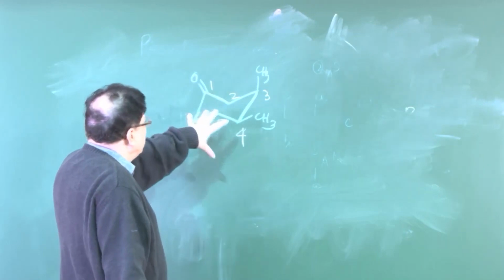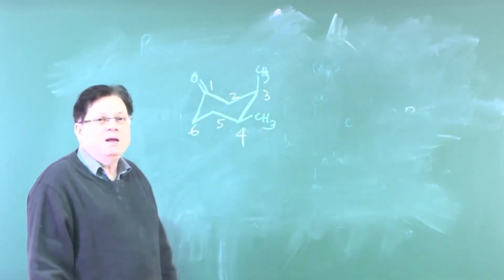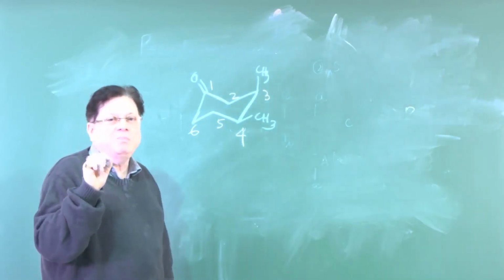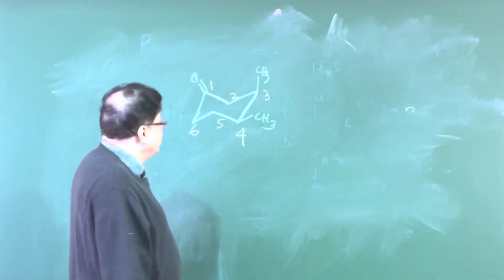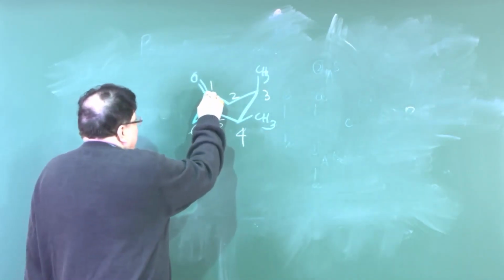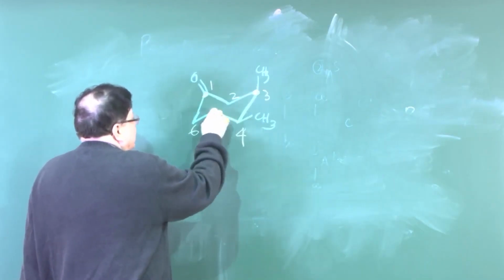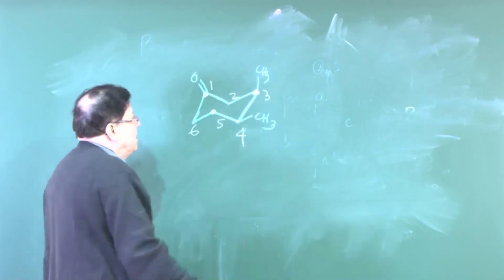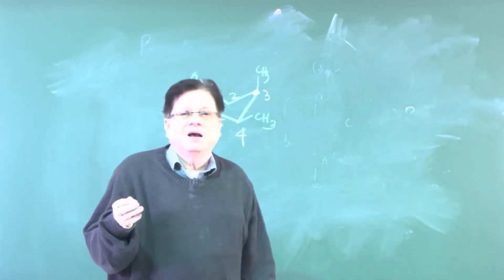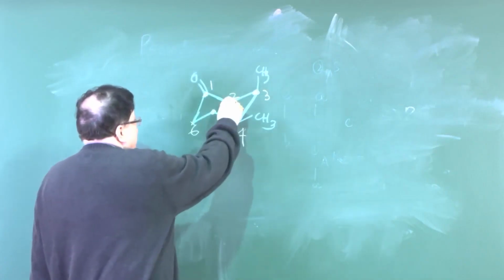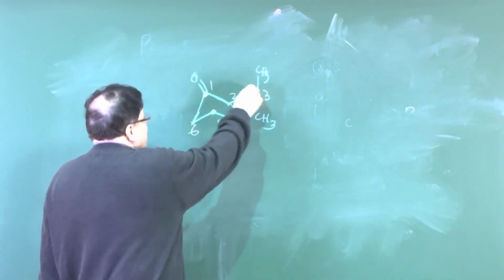What I will do, I will just inspect this molecule. First of all, some important parameters I need to inspect. One is that in the cyclohexanone, I told you earlier that there are 3 carbons which are called the head of the chair, and there are 3 carbons which are called the leg of the chair. Like these are the legs of the chair, so these are the head of the chair.